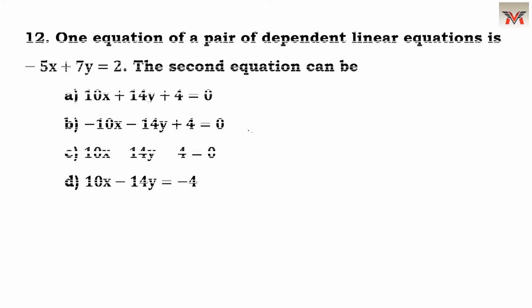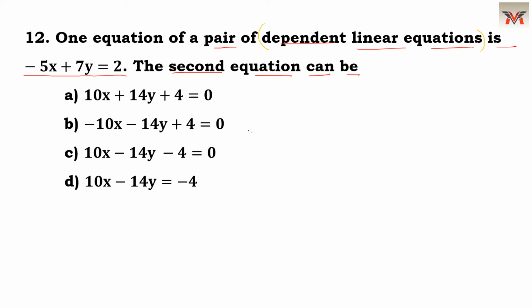The question is: one equation of a pair of dependent linear equations is minus 5x plus 7y is equal to 2, and the second equation can be... So here, to select the equation from the given options, first we should know what dependent linear equations are.